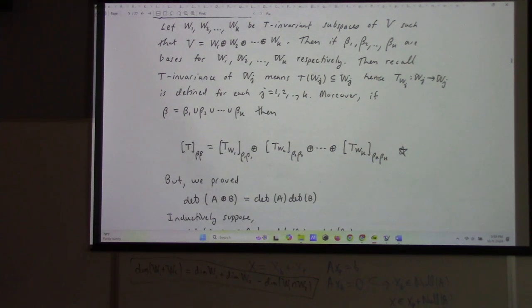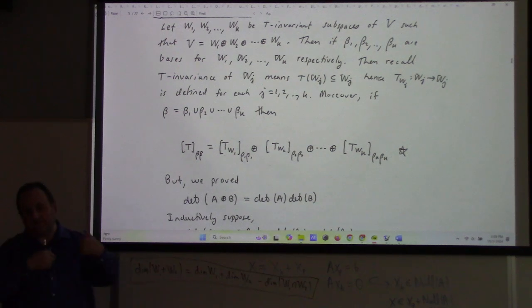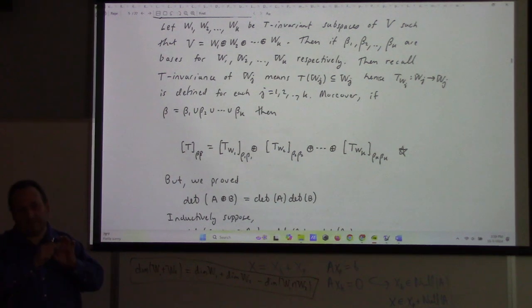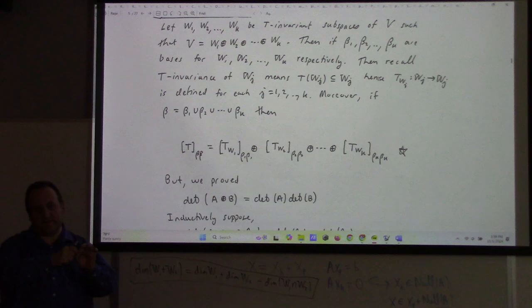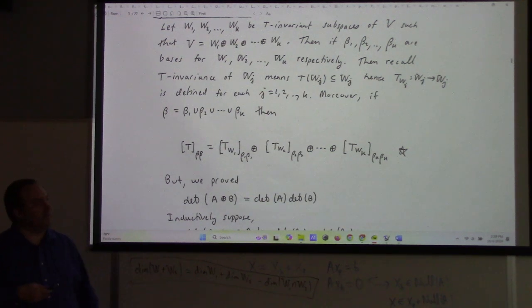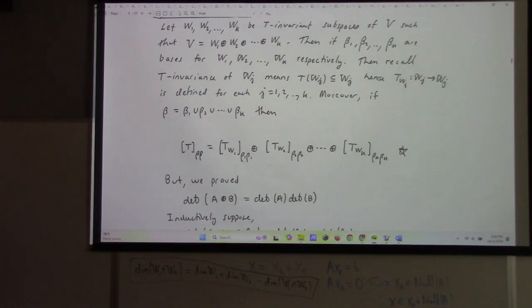If you have independent invariant subspaces and their direct sum forms the whole vector space, and you have a T-invariant map with respect to that decomposition, then the matrix of the map is simply a direct sum of the blocks, the transformations formed by restricting to those subspaces. That was our big theorem about independent invariant subspaces. And once you have that theorem, and the inductive extension of your other homework problem, this problem's pretty much immediate.